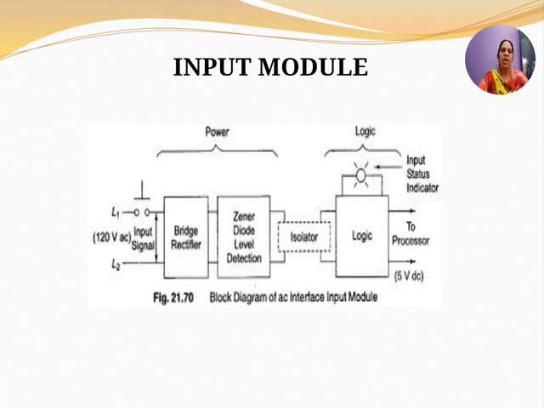Then you use an isolator. The output is given to the isolator, and from the isolator the signal is given to your logical section. From the logical section it is given to your processor. A 5 volts DC supply is given to your central processing unit.